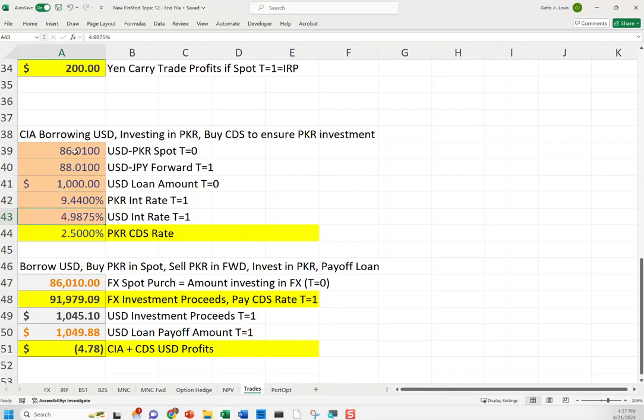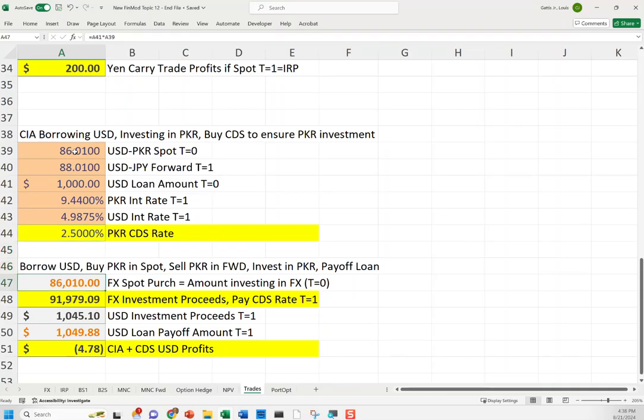Pakistan interest rate is 9.44, and the US interest rate is 4.98. And they quote you the price of the PKR bond CDS as 2.5%. How they quote that is it's not a price, it's actually the annual premium. So it's almost like a car insurance price. They're quoting you the premium, and the premium is a percentage of how much you're insuring.